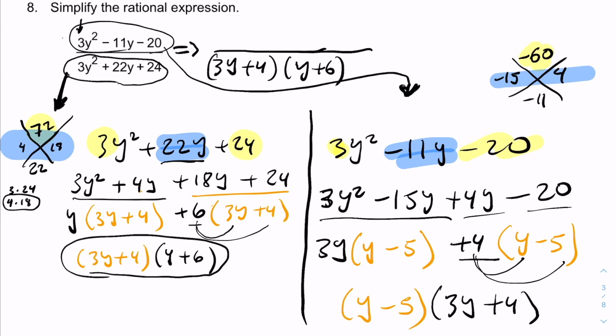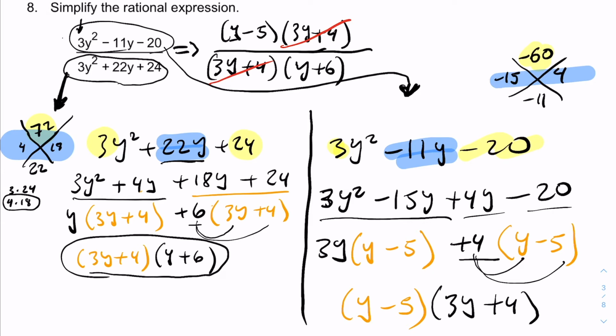So that was our work from our numerator. Let me write that up here: y minus 5 times 3y plus 4. Okay, and now we're hoping, are there any common factors? Take a look, and it looks like we have a 3y plus 4 up top and a 3y plus 4 on the bottom.